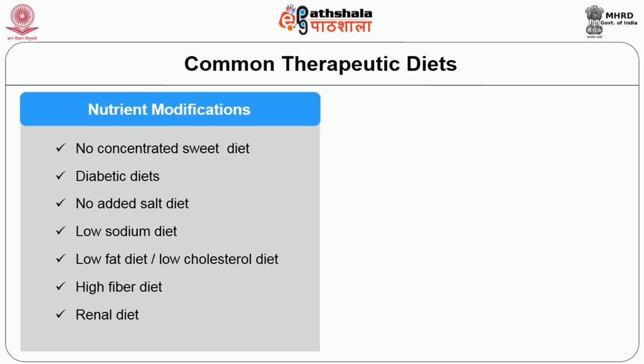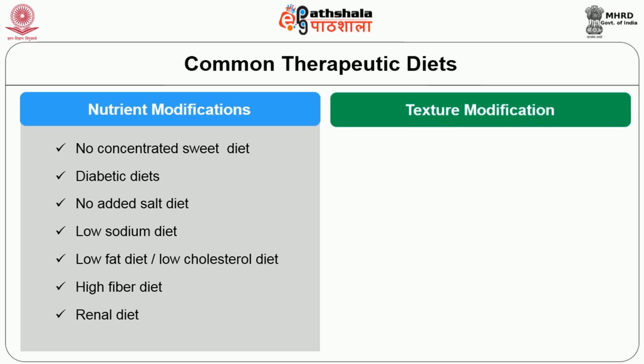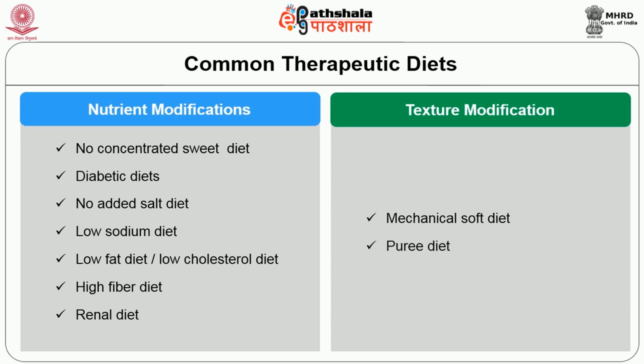When no added salt is added, low sodium is given, and there are low fat diets and low cholesterol diets, and a high fiber diet, which is also usually prescribed as a renal diet. Now, the textural modifications are of two types, which comprise the mechanical soft diet, which is the bland diet, and the second one, the puree diet.